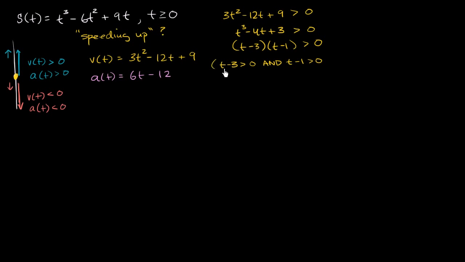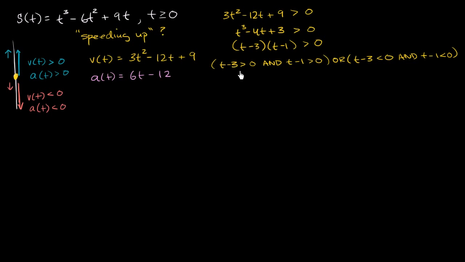So that's the case where they are both positive. Or t minus 3 is less than 0 and t minus 1 is less than 0. So this is the case where they are both negative. In either of those cases, negative times negative is positive, positive times positive is positive.